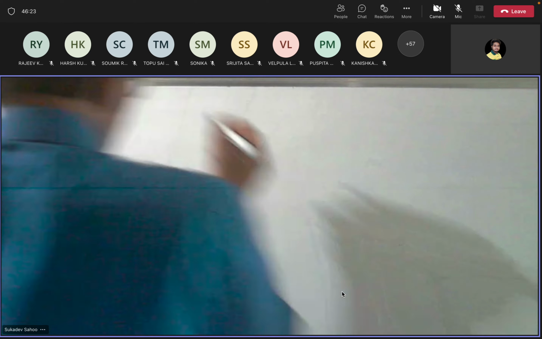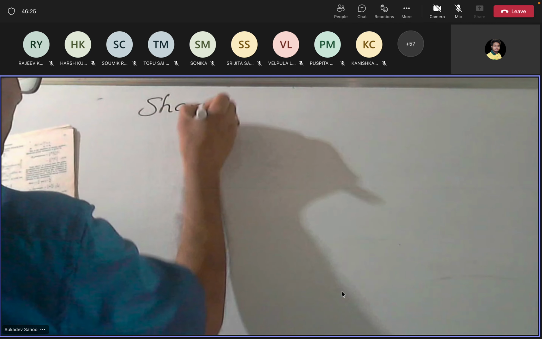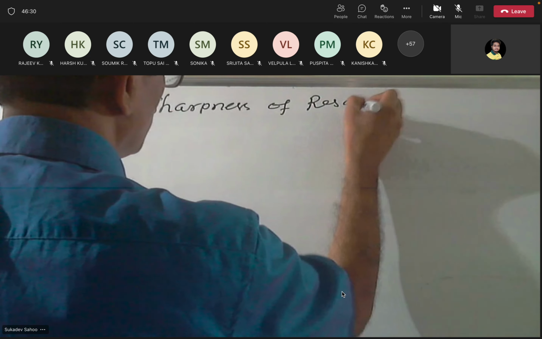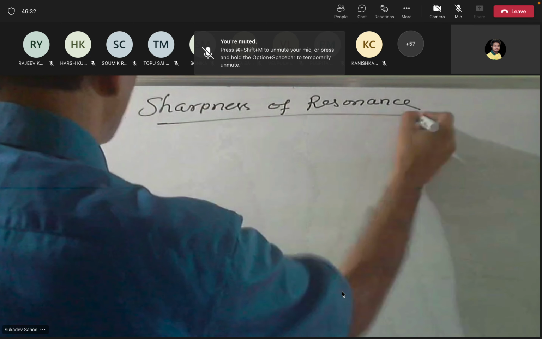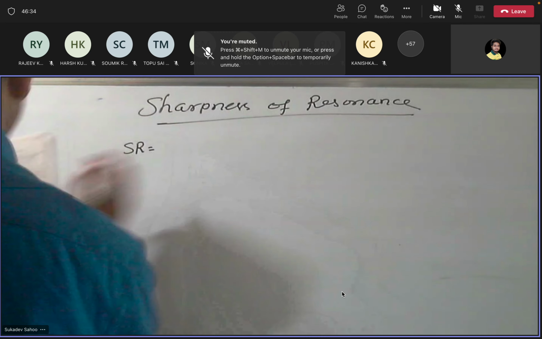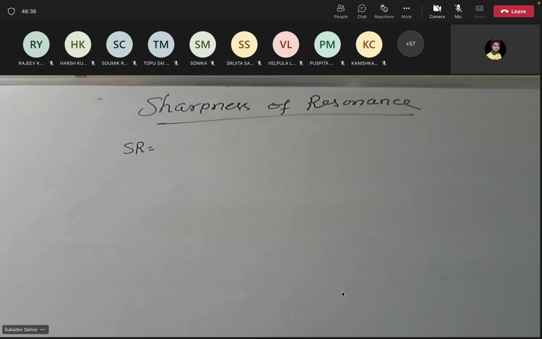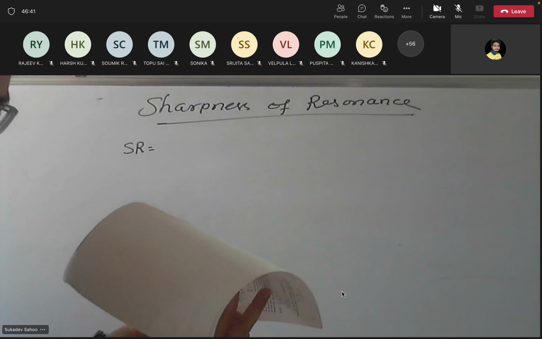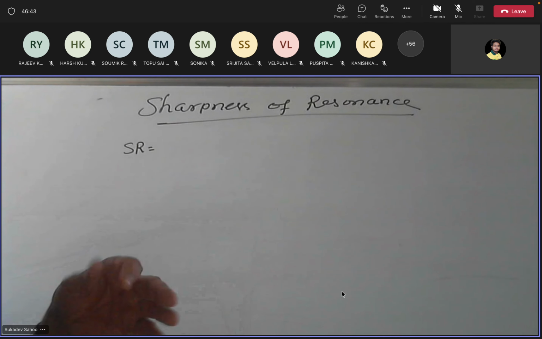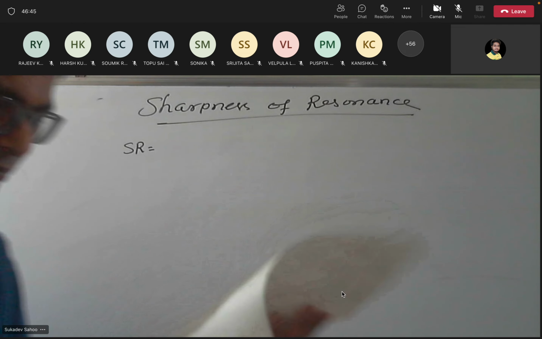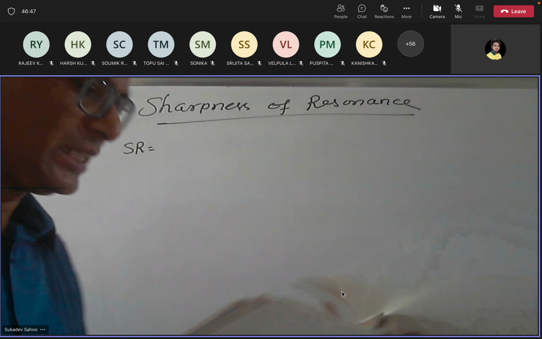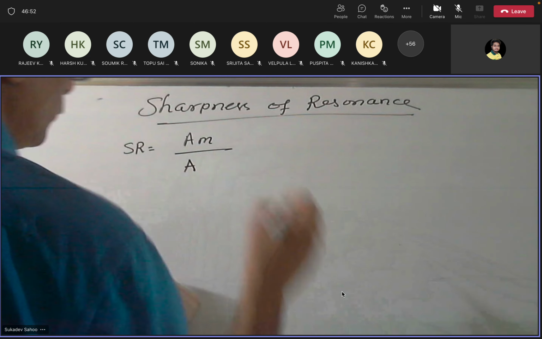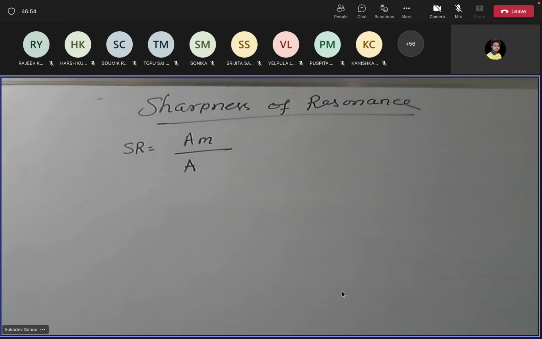Now we will discuss sharpness of resonance. The sharpness of resonance, we can see the definition. Sharpness of resonance, basically, is the ratio of, or mathematically we can say, A_m, the maximum amplitude, to the amplitude A. This is the definition of the sharpness of resonance.